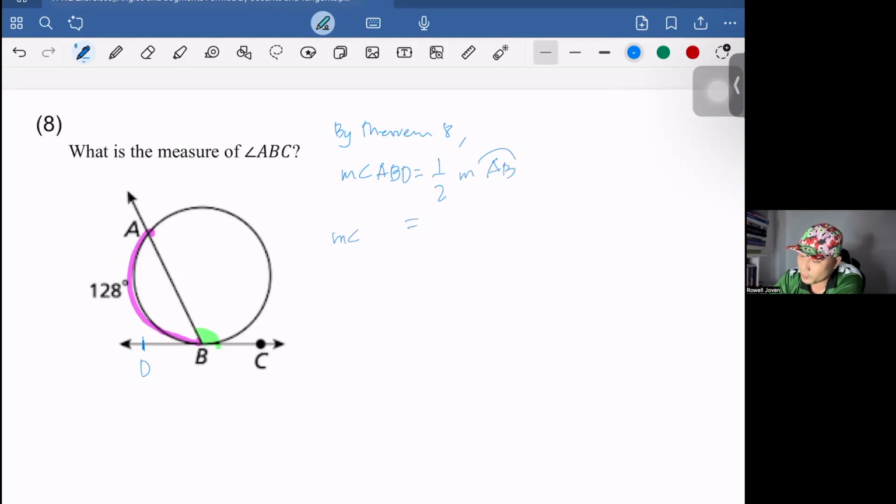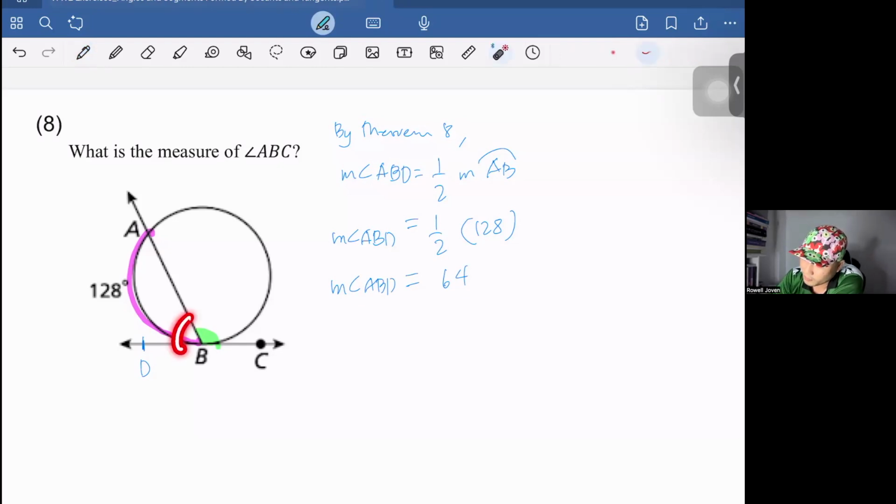So the measure of angle ABD is one half of 128 degrees. One half of 128 degrees is 64. So the measure of angle ABD is 64. So let's now write here. This is now 64 degrees.